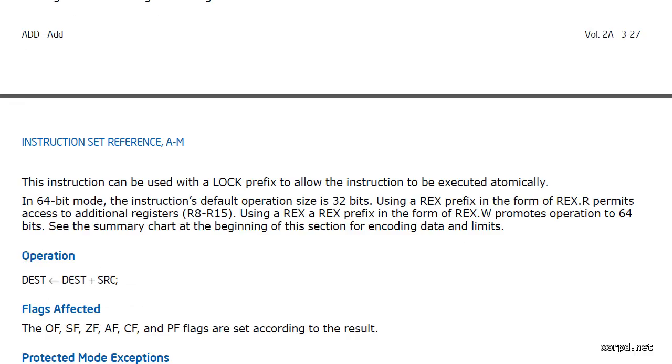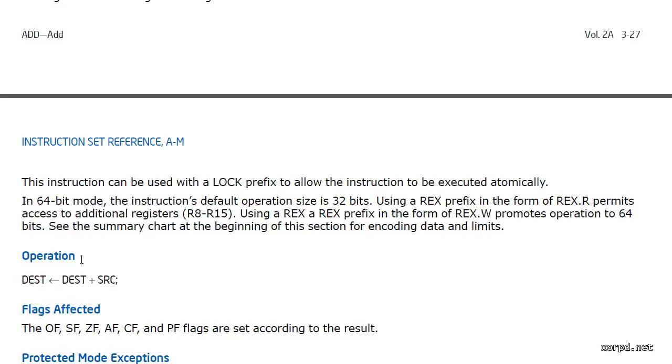Next, here at the operation, we will usually have some pseudocode description. It will be a more program-like description of what the instruction does. And in this example, as we look at the add instruction, we can see that the add instruction just takes the two arguments, dest and source. It adds those two arguments, and the result is stored inside dest.